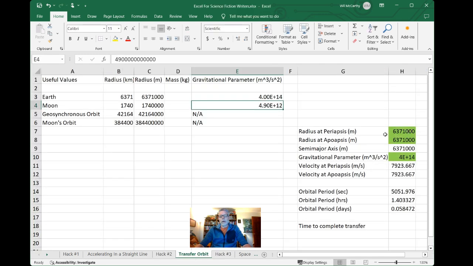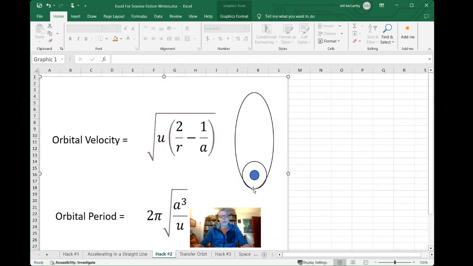And what that looks like is we'll just represent in meters, we've got two locations that matter, the periapsis and the apoapsis. Periapsis is when you're closest to the thing you're orbiting, and apoapsis is when you're farthest. This is sometimes called perigee and apogee, but those are specific to the Earth.